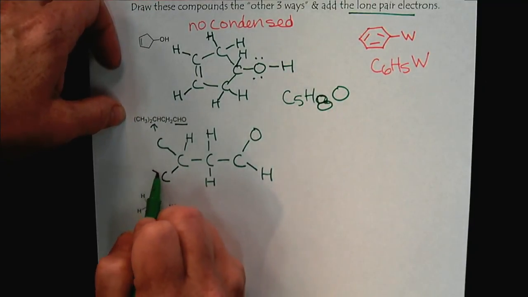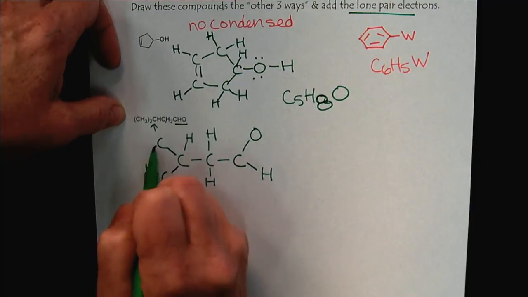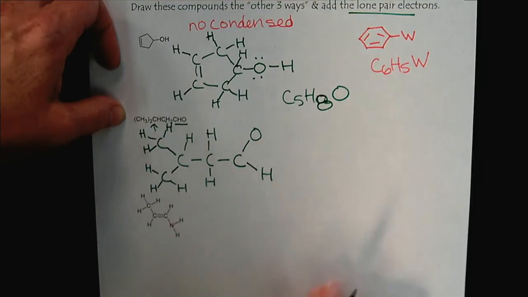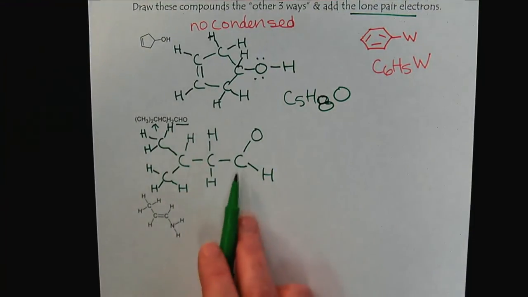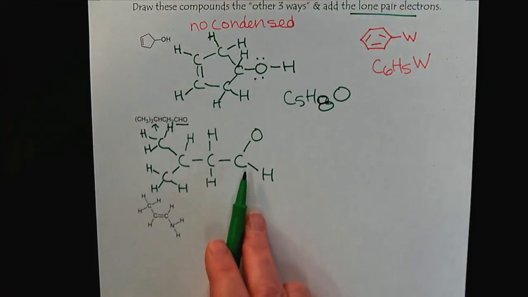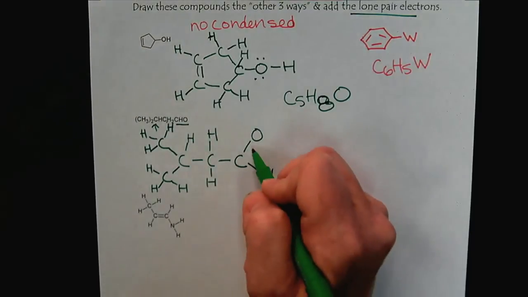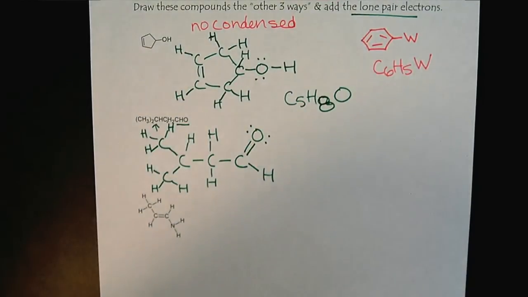Each of those branches has an additional 3 hydrogens. Okay, so now what's left is we look over here and this doesn't look right. We know carbon wants to have 4 bonds and oxygen wants to have 2 bonds and 2 lone pairs. So we can finish our Lewis structure building off our understanding of the bonding patterns.